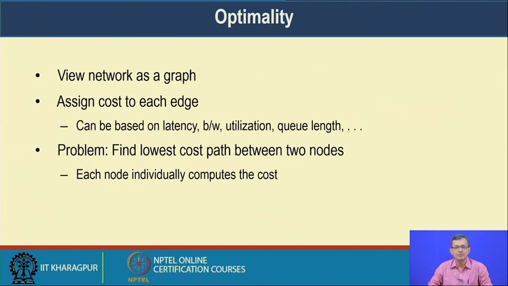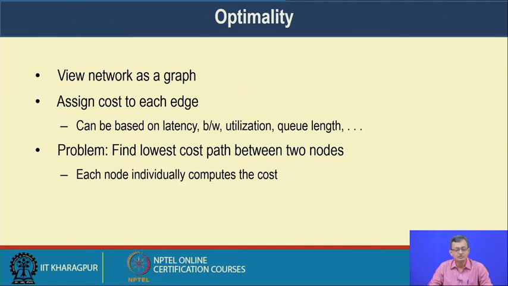One is the issue of optimality, right. I can look at the whole network, or the portion of the network under consideration, as a graph. So, the nodes are the routers and the links are the edges, and then the edges can have variable weights based on different considerations. It can be the congestion level or the length of the distance, and different types of considerations we can have, right.